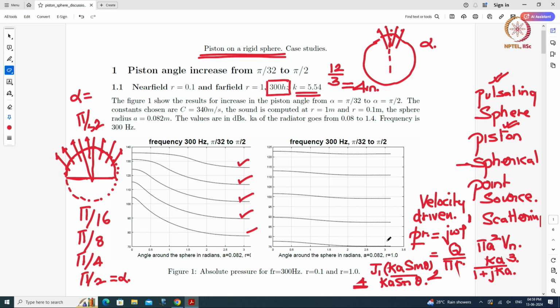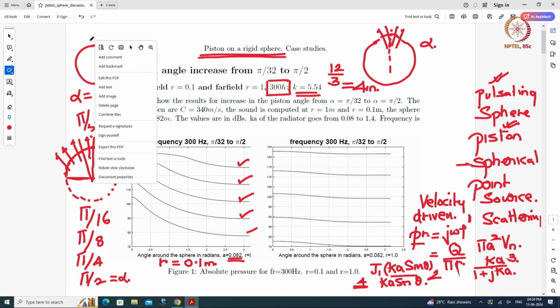Now, what is the difference between the two? On the left side, I am measuring at a radius of 0.1 meters, where the radius of the piston is 0.082. So I am measuring just outside the radius. If this is my sphere, I am going to measure just outside.